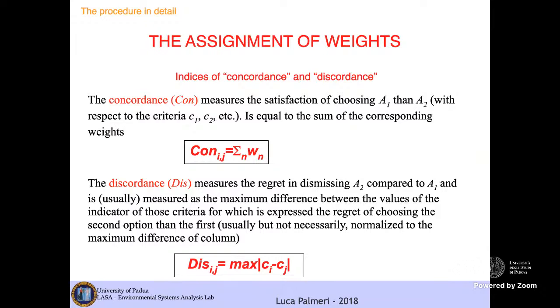The concordance index measures the satisfaction of choosing one alternative with respect to another one. The index of concordance referred to alternative 1 gives me the satisfaction of choosing alternative 1 compared to alternative 2 with respect to the criteria C1, C2, and so on, and is equal to the sum of the corresponding weights.